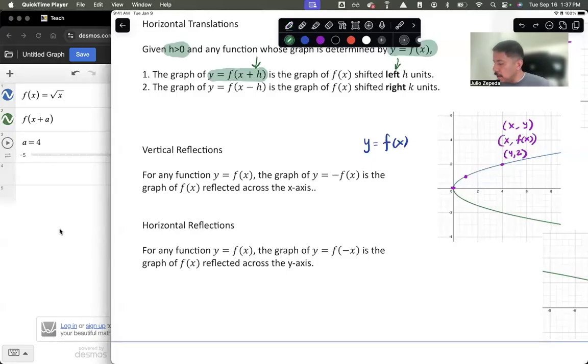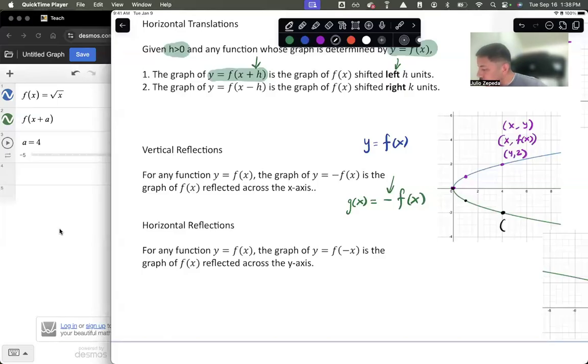This new function, sometimes it's called g of x, is going to be the opposite of f of x, or a negative times the f of x function. Well, if we multiply the function, the y values, by a negative, it's going to reflect these points and put them on the other side of the x-axis.